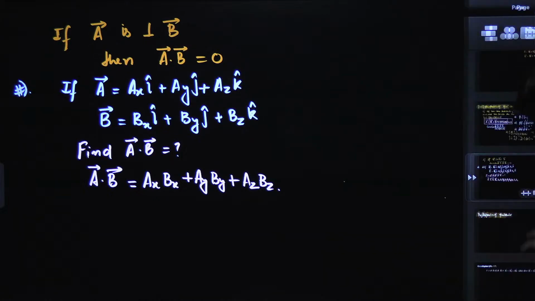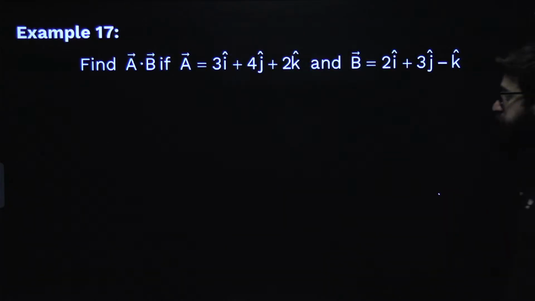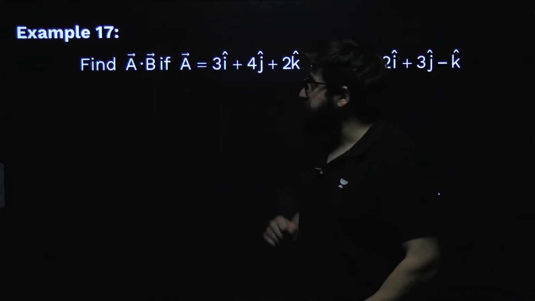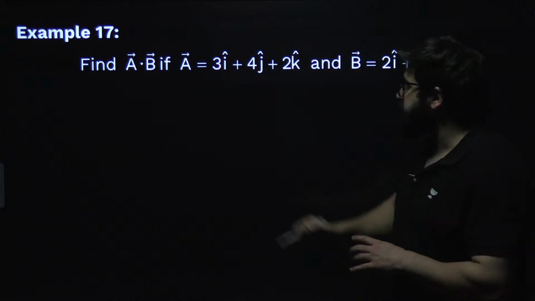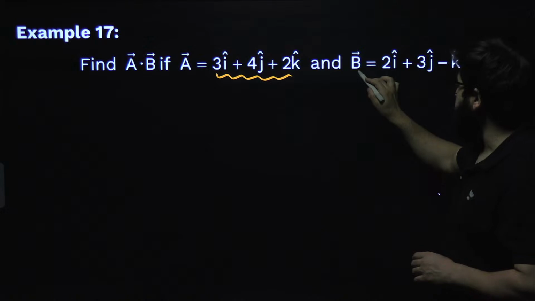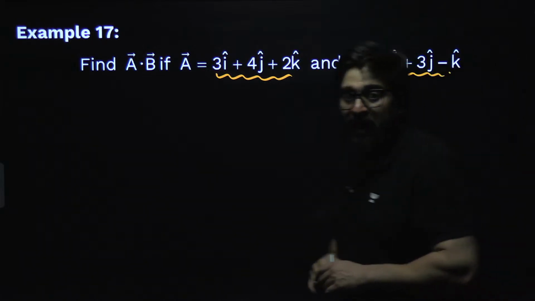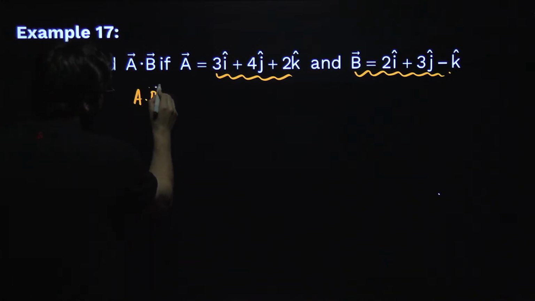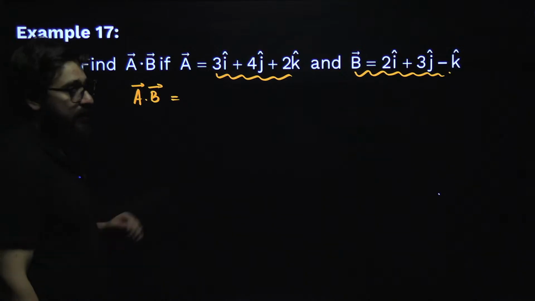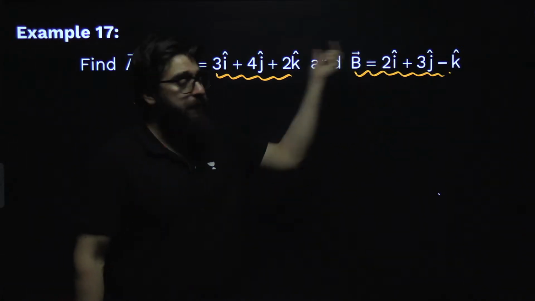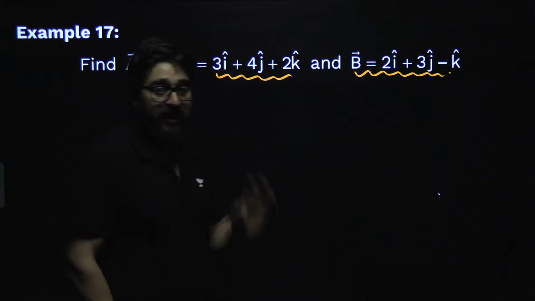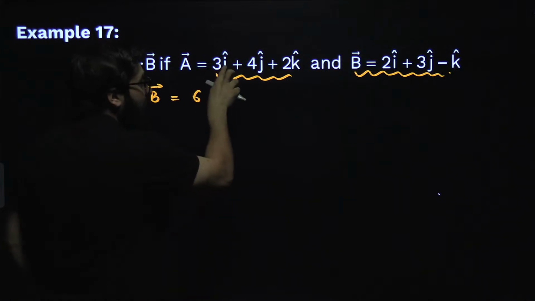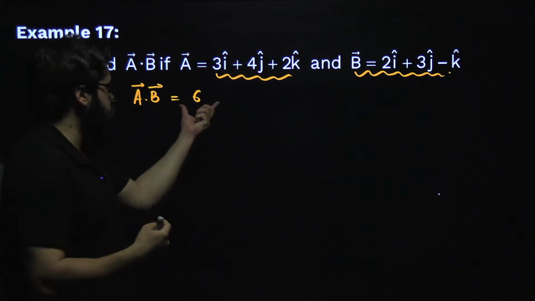Like we have a question over here: find a dot b, where this is the a vector and this is the b vector. In this particular case, multiply i with i, j with j, k with k. 3 into 2 is 6, i into i is 1, so this will be 6.